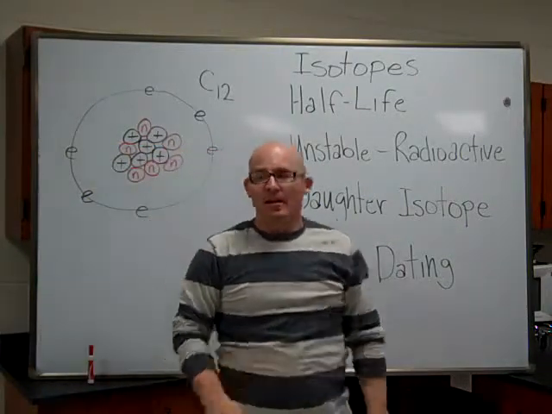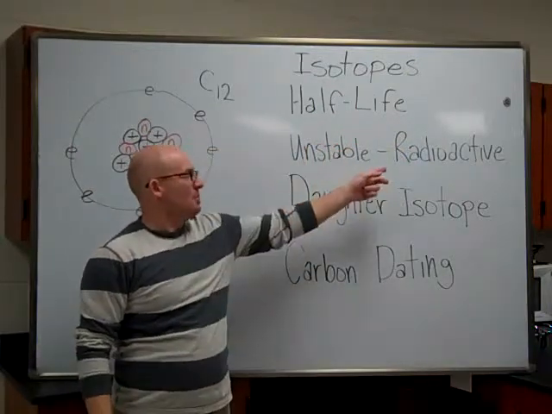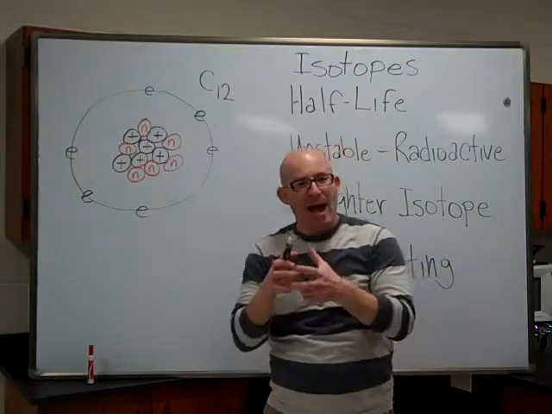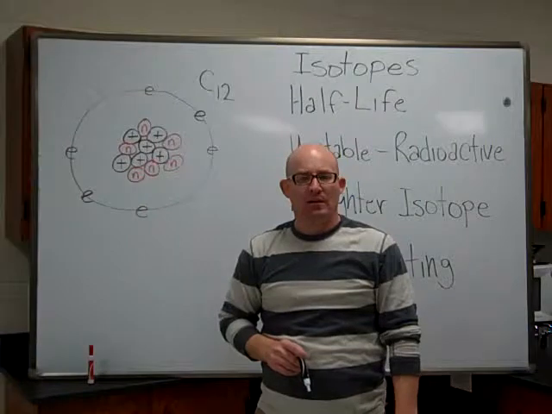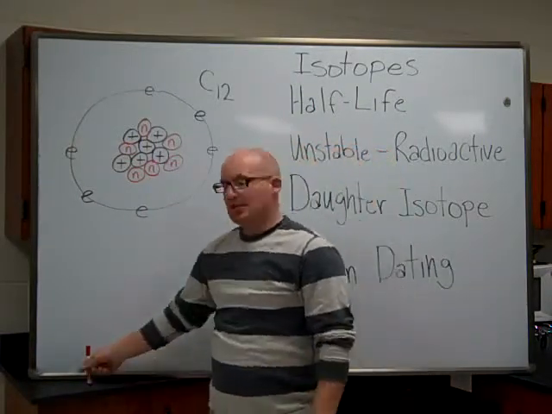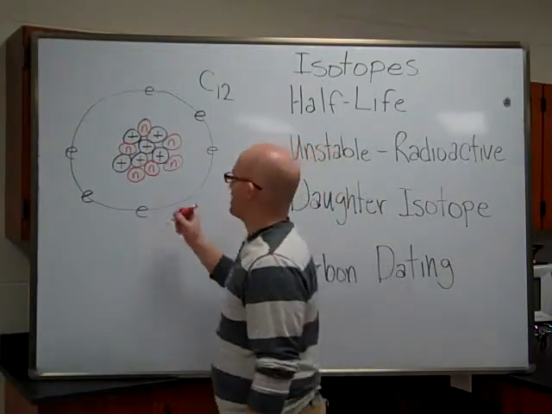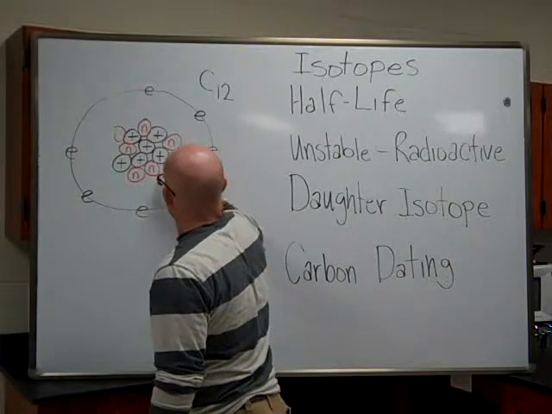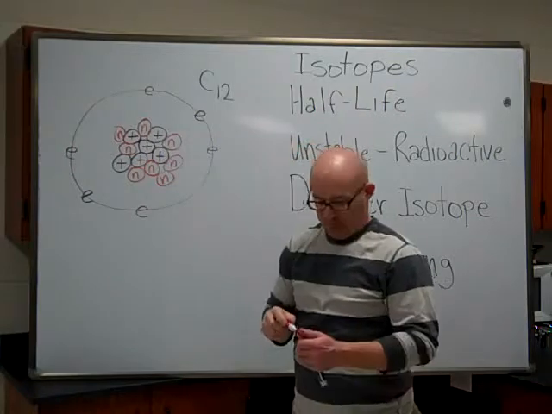Now here's what you need to know. This form of carbon is stable, the opposite of unstable or radioactive. It's not radioactive. It's happy. It doesn't want to change. However, some carbon, not very much, has 2 extra neutrons in its nucleus.